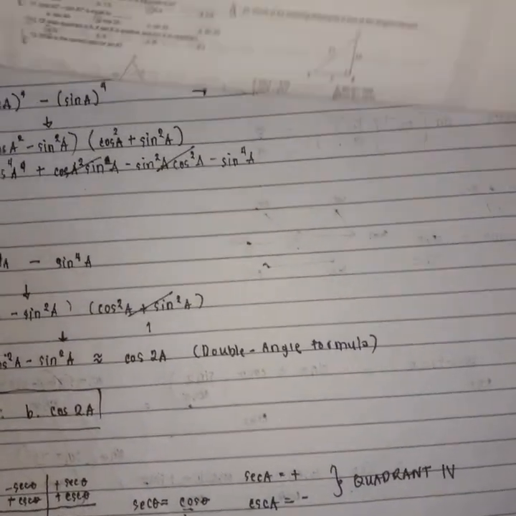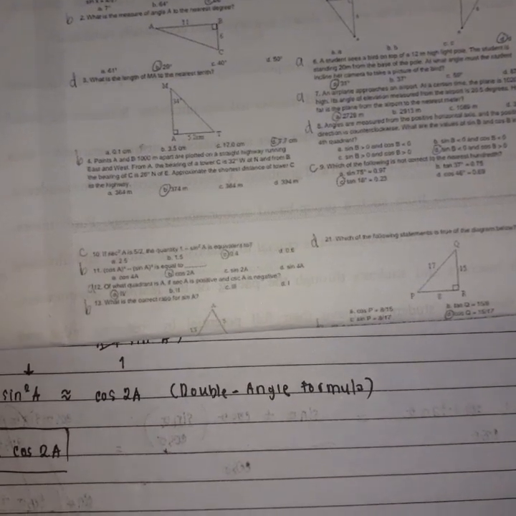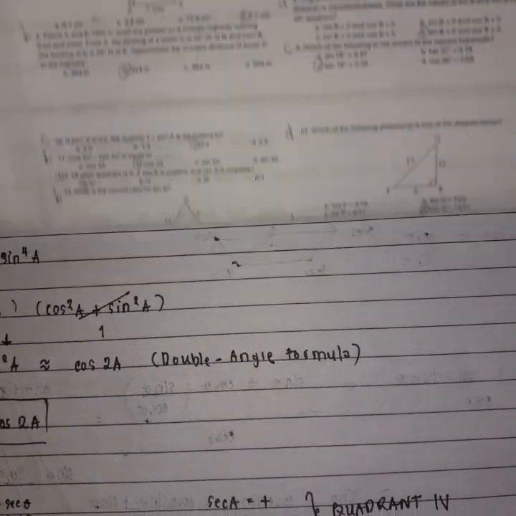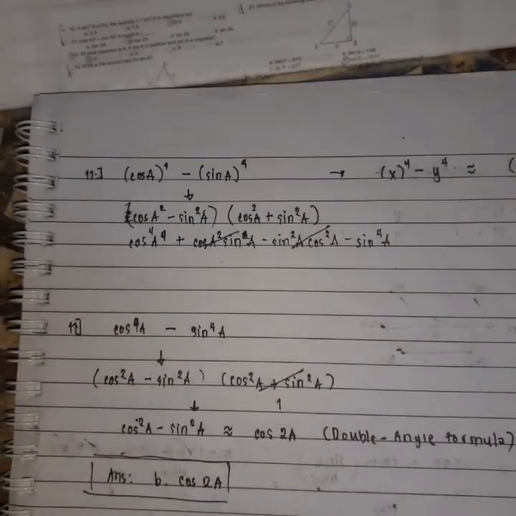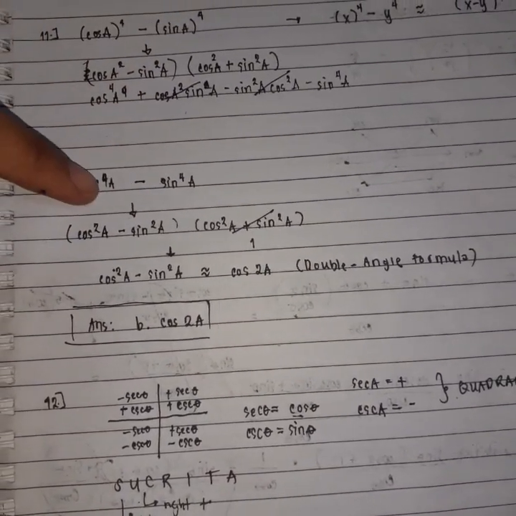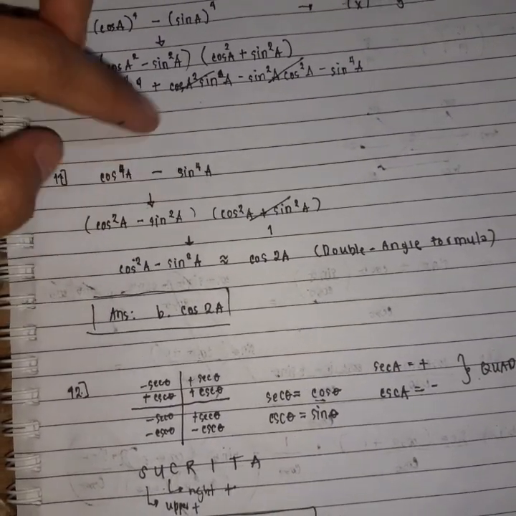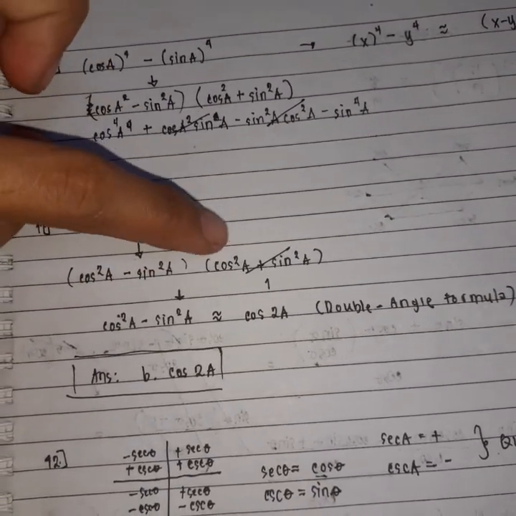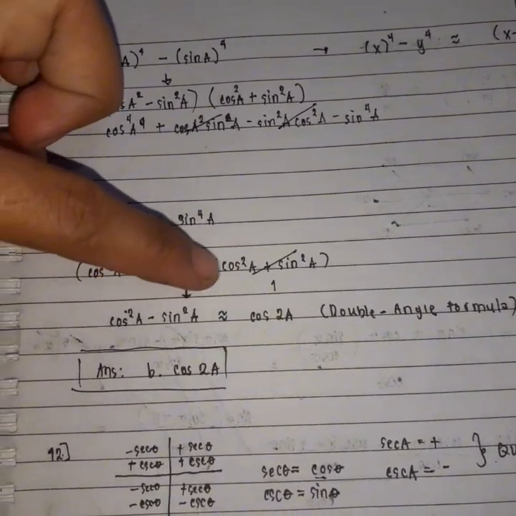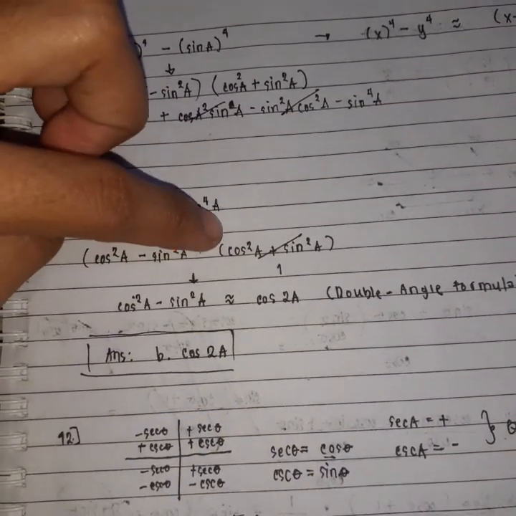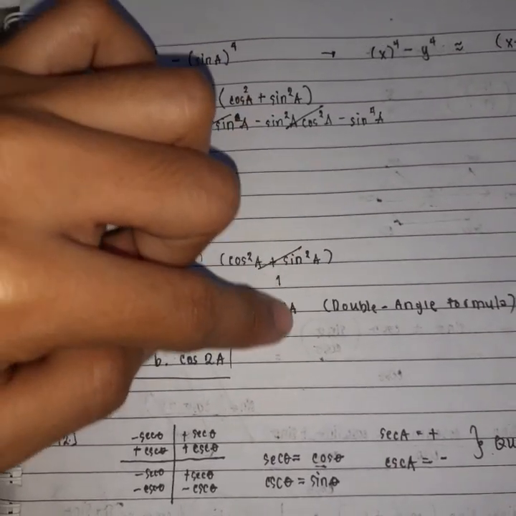In number 11, it states that cos A to the power of 4 minus sine A to the power of 4 is equivalent to, let's have this expression. Since this one can be factored, we can factor this into cos squared A minus sine squared A and cos squared A plus sine squared A. Since we all know in our super hexagon, the Pythagorean identities, this is equivalent to 1.